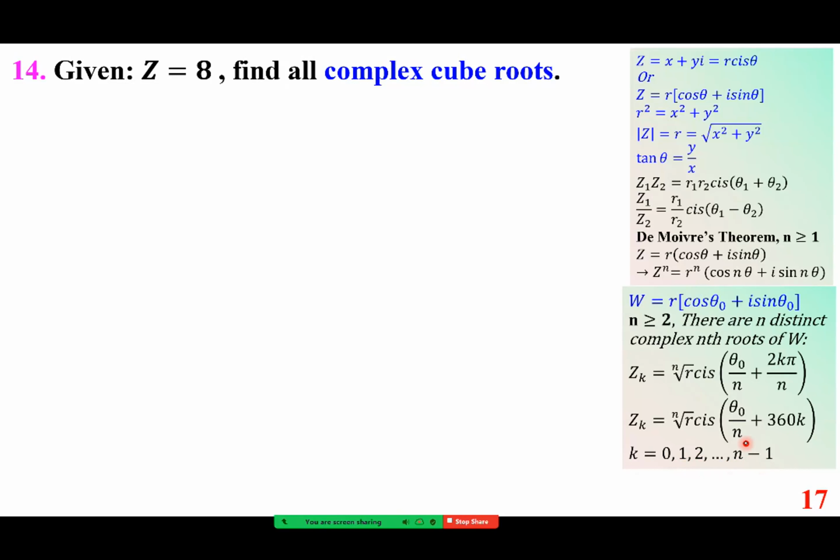When you have a real number, notice the imaginary part, see a plus bi. When b is 0, you have a real number only. And so we can replace any number with r cis 0.